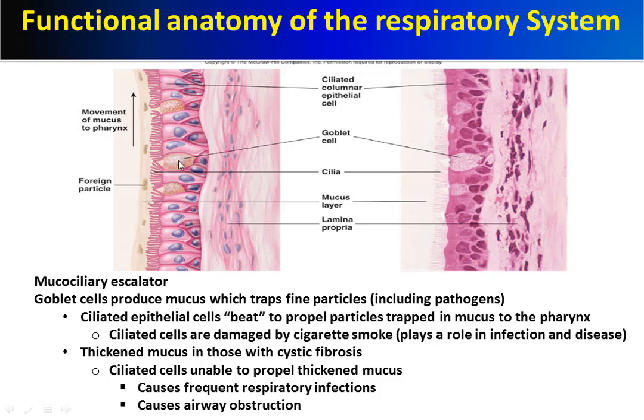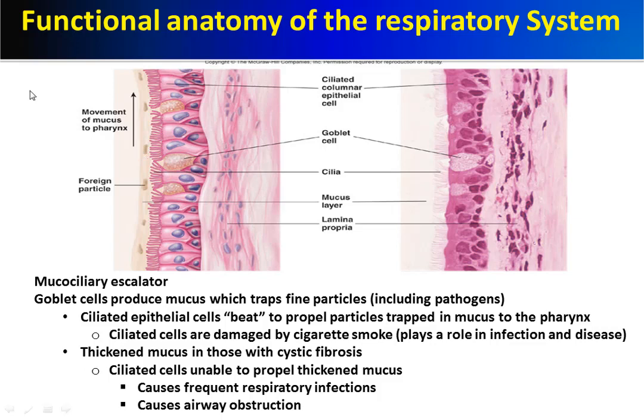And the mucus produced by the goblet cells is thickened in a disease known as cystic fibrosis, and this is a genetic disease which must have been described to you in the genetic course.